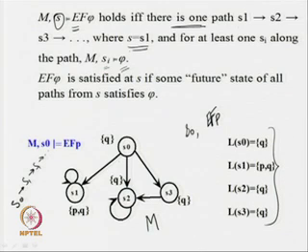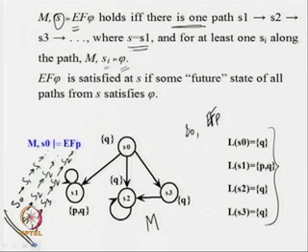The second path is from S 0 to S 2, with a transition from S 2 and so on. I have slightly changed the model. The third path goes from S 0 to S 3, from S 3 a transition to S 2, then a transition from S 2 to S 2. These are the 3 possible paths from state S 0. Now, look at these 2 paths from S 0 to S 2, where it will remain in S 2.